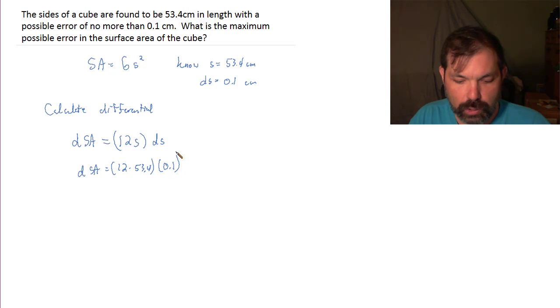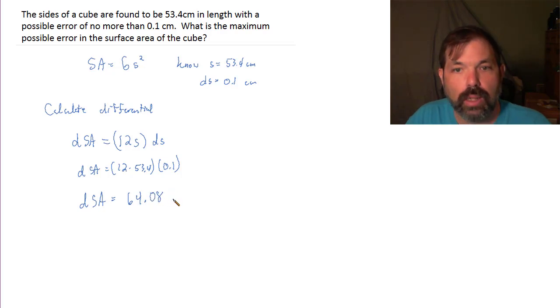Calculating that, dSA is 64.08, and this would be the change in the surface area, in square centimeters. So a small change in our measurement of the length of the side can result in a fairly large change in the surface area.